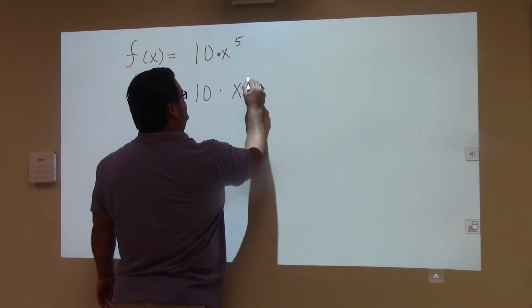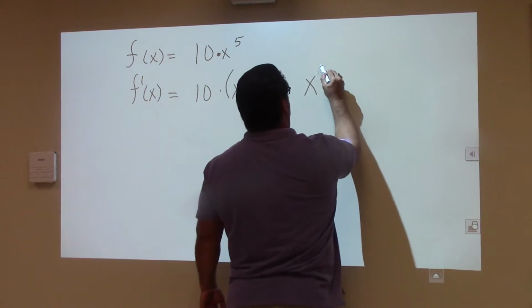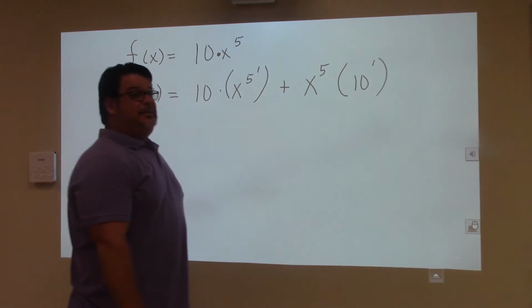So first, f prime of x is equal to first times the derivative of the second plus the second times the derivative of the first. And that's the way I write it.